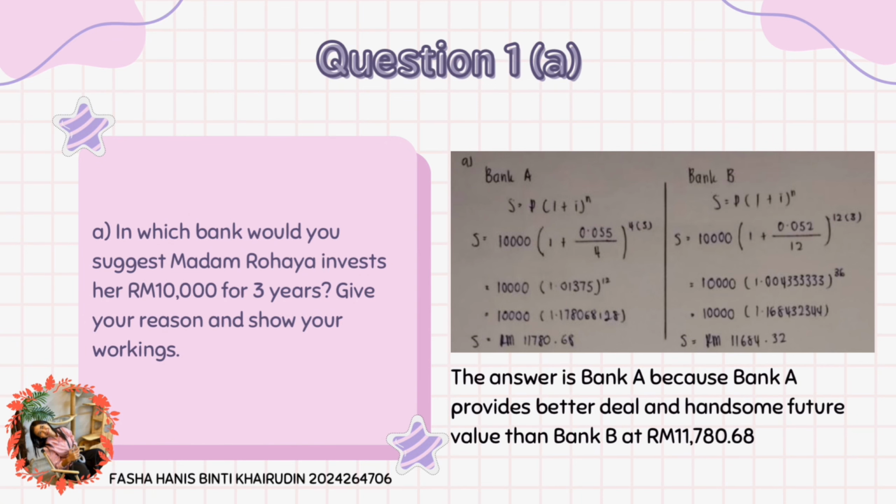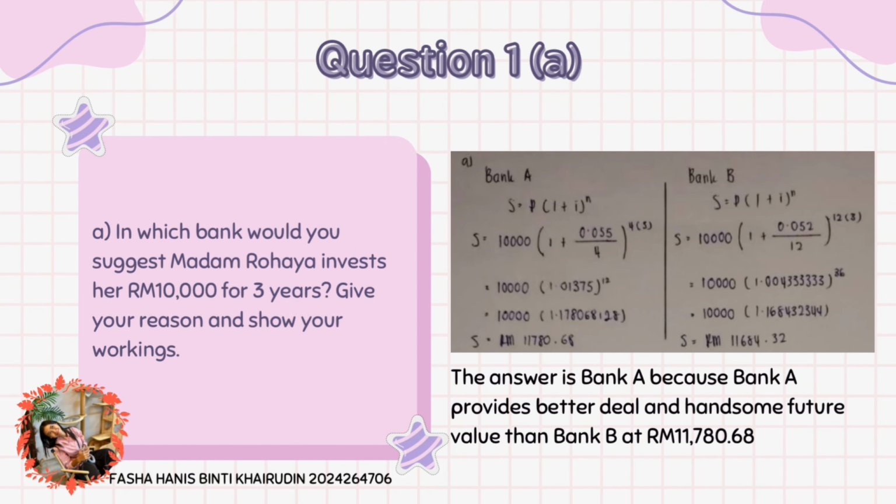So first, we need to find the S, which is the future value of those two banks, Bank A and Bank B. The formula of future value is S equals P bracket 1 plus i bracket to the power of n.